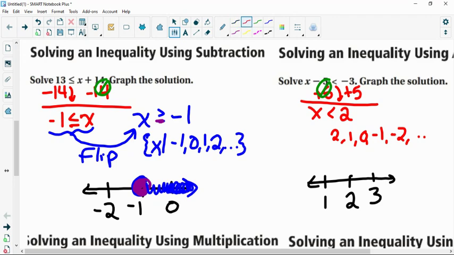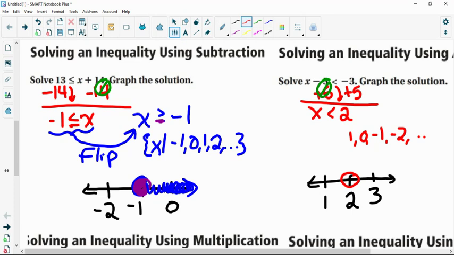And I'll start by putting a circle at 2. Now I made a mistake. It says x is less than 2. Doesn't say equal. So 2 is not part of the answer. Which means I'm going to leave an open circle, but 1, 0, -1, all of those numbers are still part of my solution.